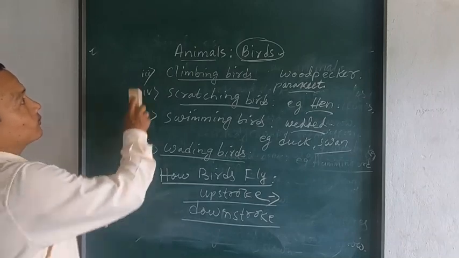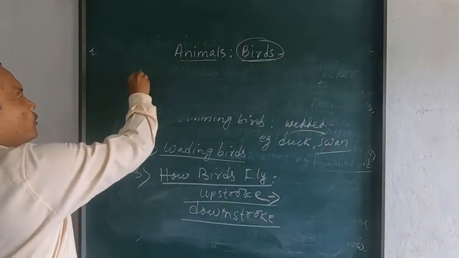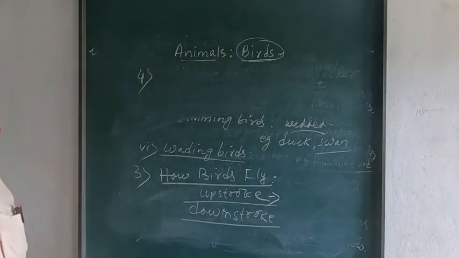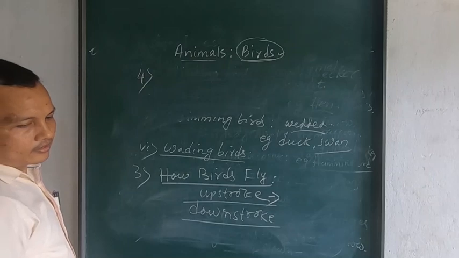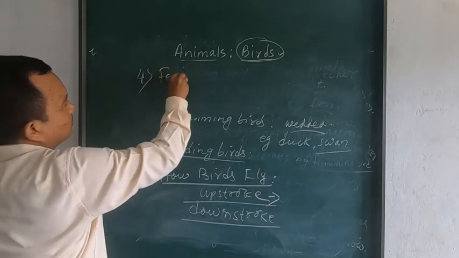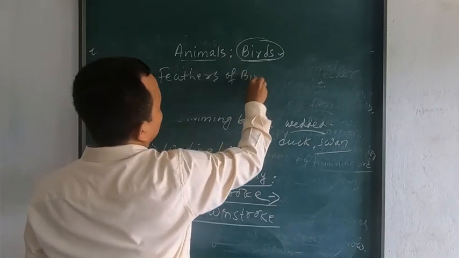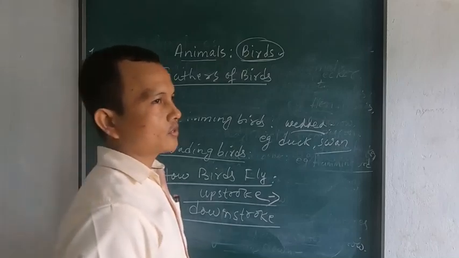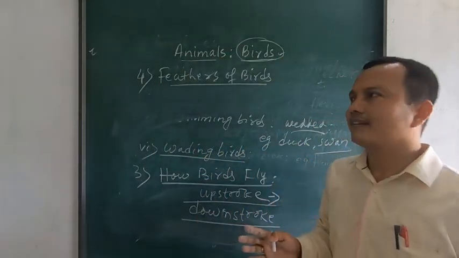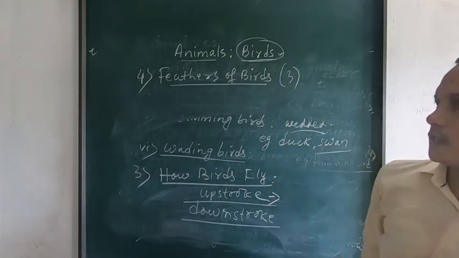And fourthly, we can come back to the fourth objective, that is the feathers of birds. The feathers of birds are categorically divided into three parts.